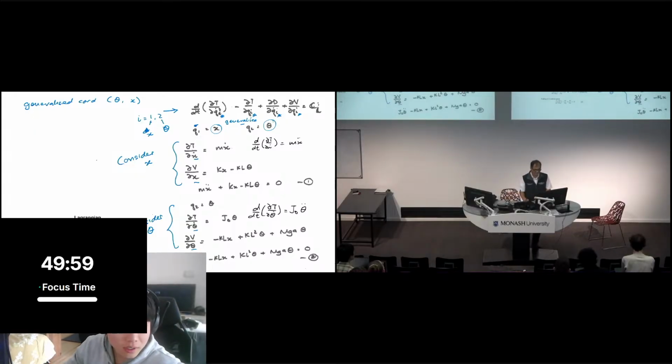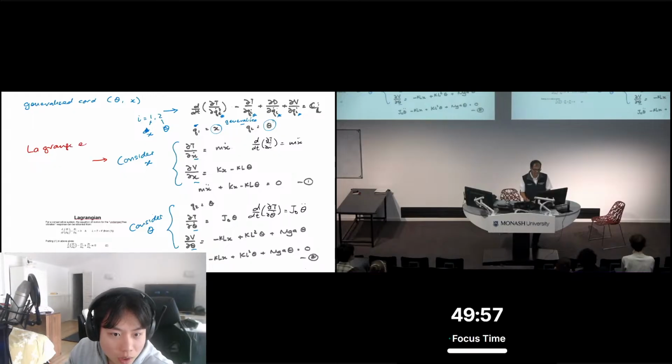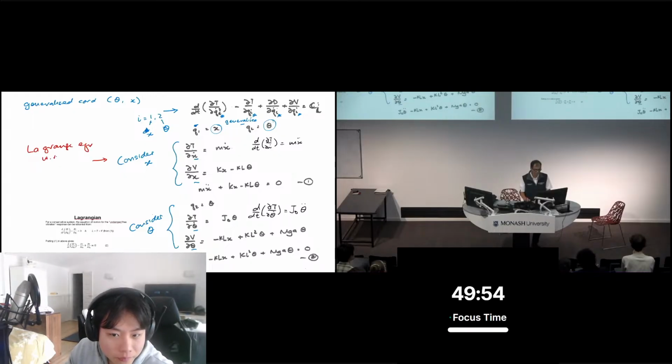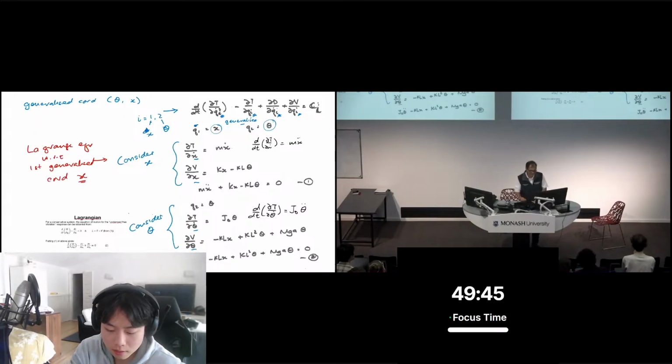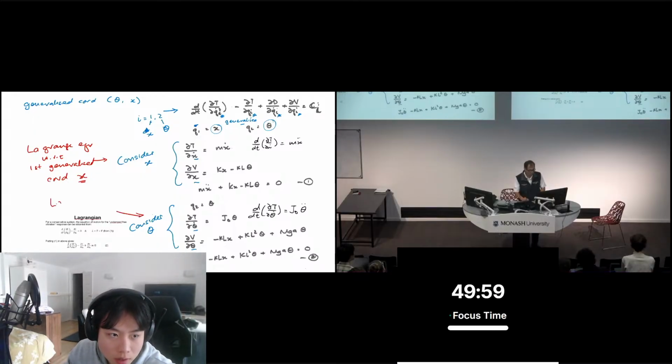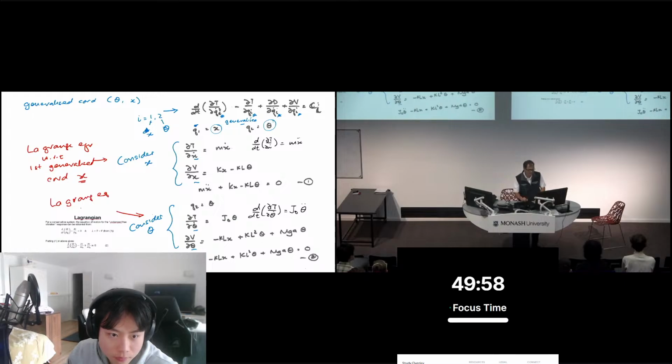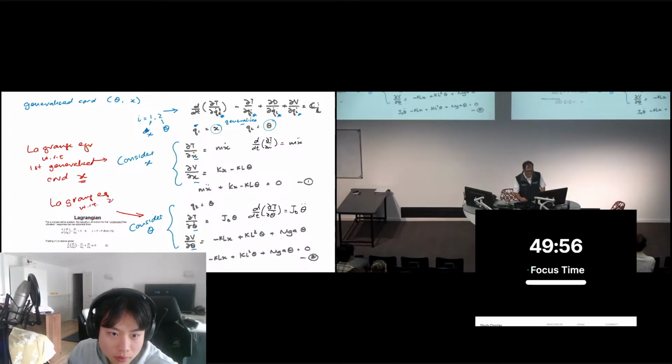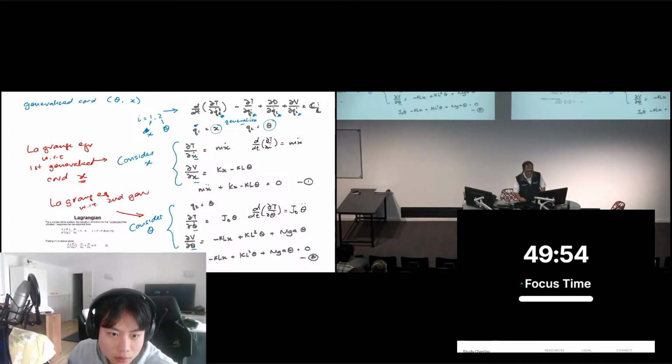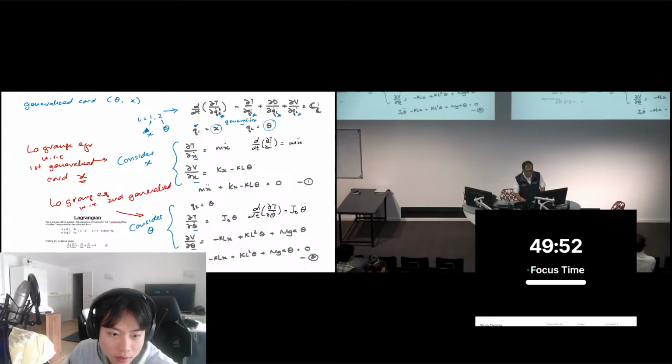So here, what I've done is to consider the Lagrange equation with respect to my first generalized coordinate, in this case x. And over here, we are considering the Lagrange equation with respect to the second generalized coordinate, theta.